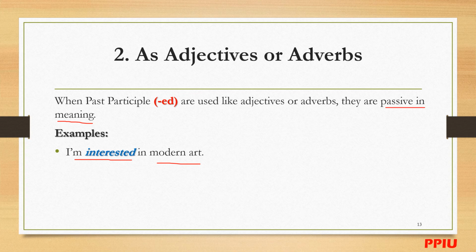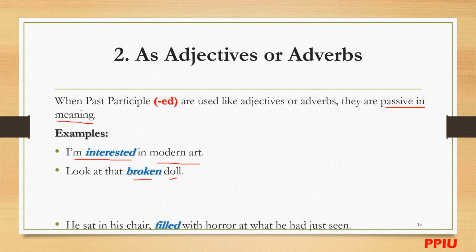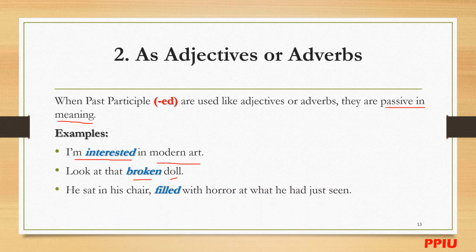All right. Look at the broken dolls. So "broken" is the adjective that modifies the dolls. Another example: he sat in his chair, filled with horrors at what he had just seen.